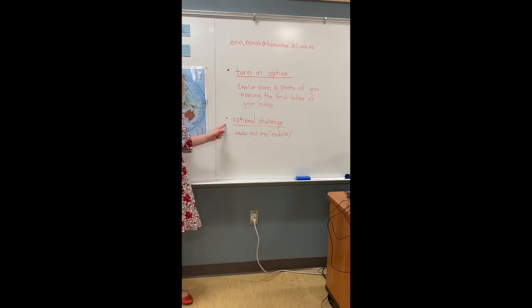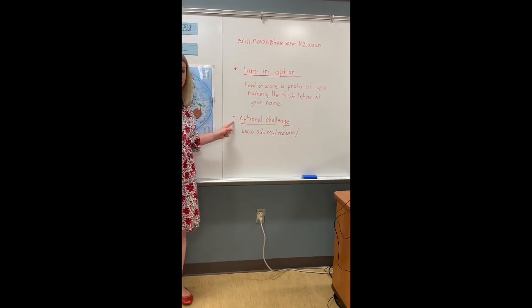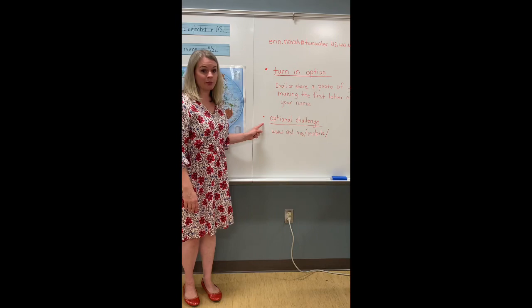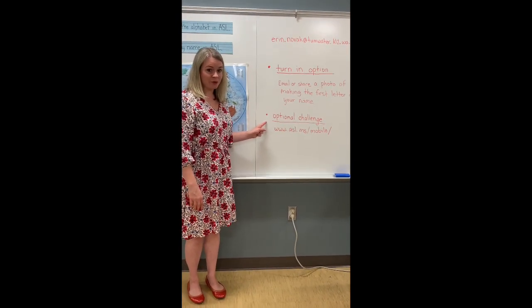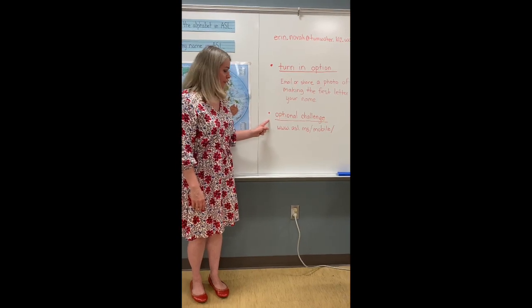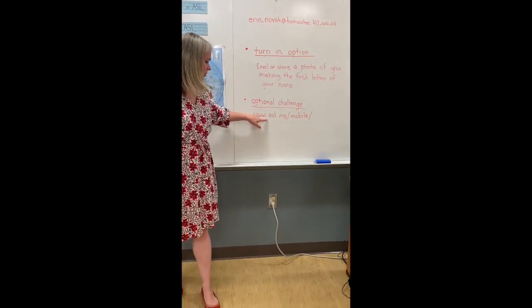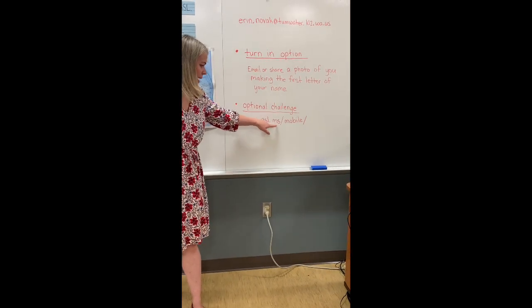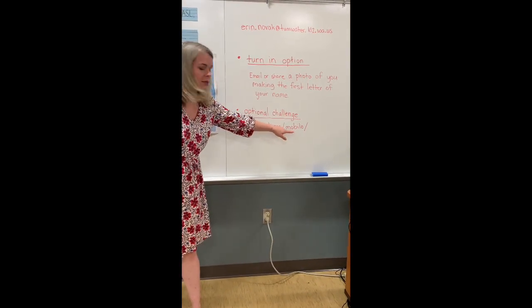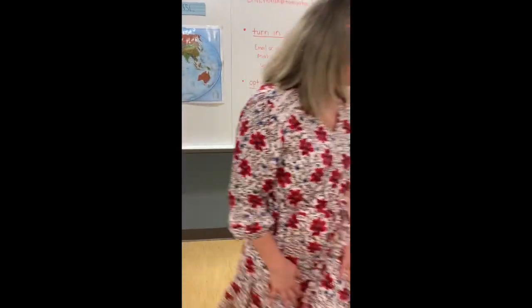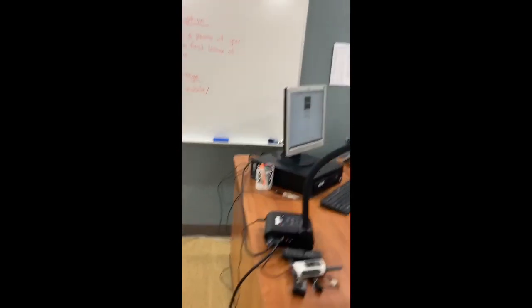And then we have an optional challenge. So this is for those of you who want to try something a little bit more difficult. Maybe you've already learned the alphabet in sign language before and you want something a little bit harder. So over here, here's the website, www.asl.ms/mobile/ and I'm going to show you on my computer.